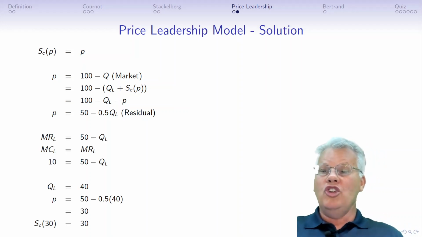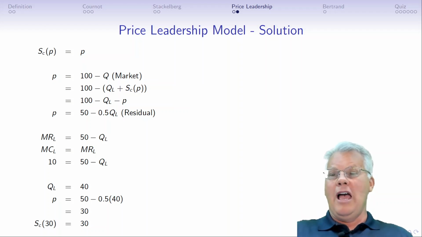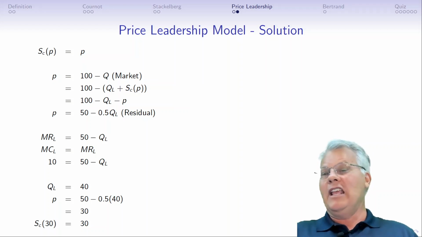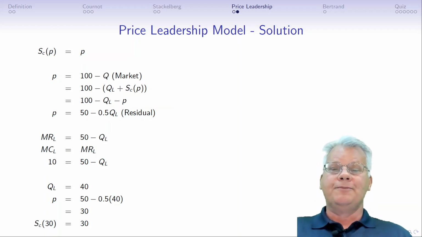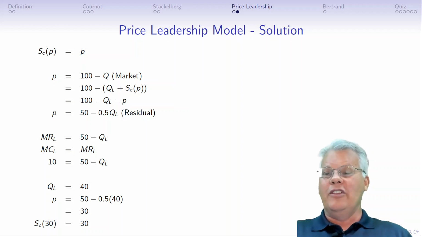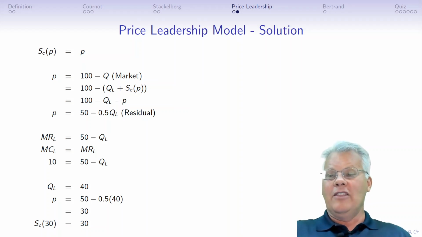So what we would do is multiply this residual inverse demand by the leader's quantity to get the leader's total revenue, differentiate with respect to the leader's output to get the leader's marginal revenue. We set it equal to the leader's marginal cost, and we get the quantity that the leader would produce and the price that they would announce.